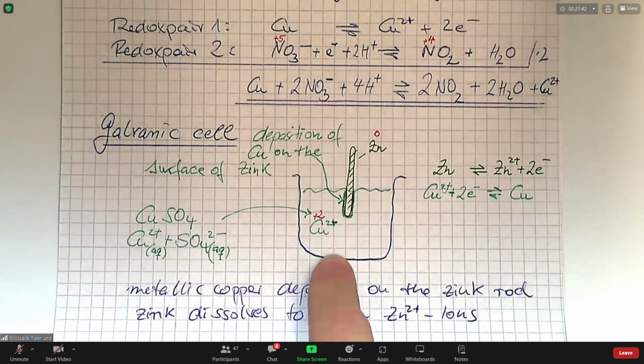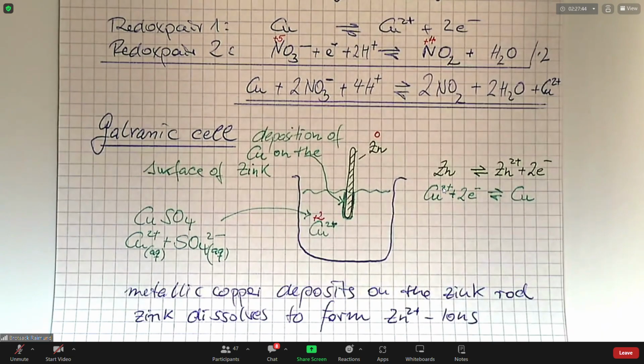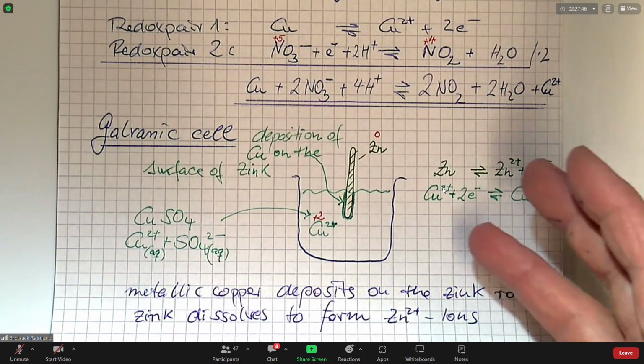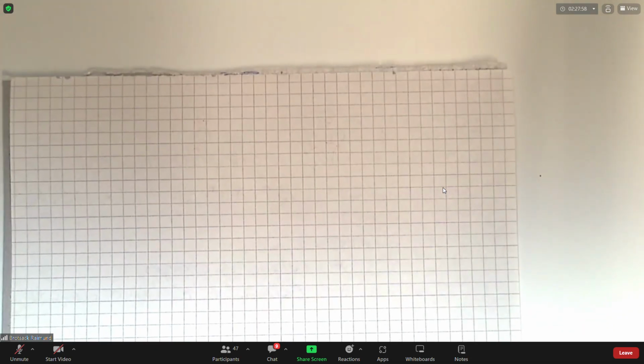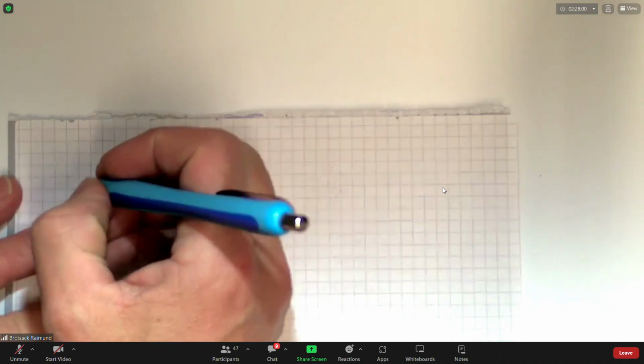But in this case, it doesn't work because there is no wiring. It's a direct transfer. So we think about a new setup of the same system where we can maybe use that flow of electrons. And this is called the Daniell element.